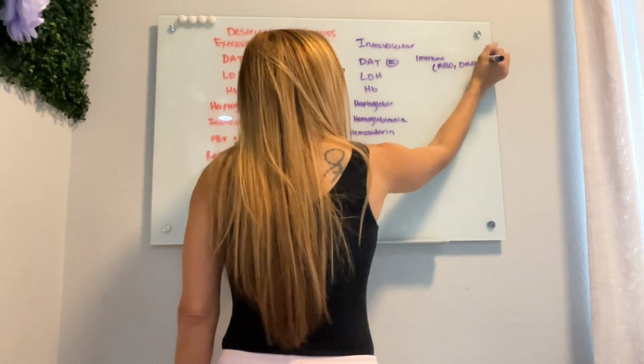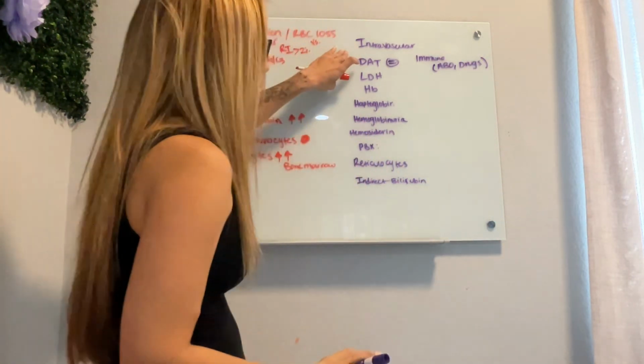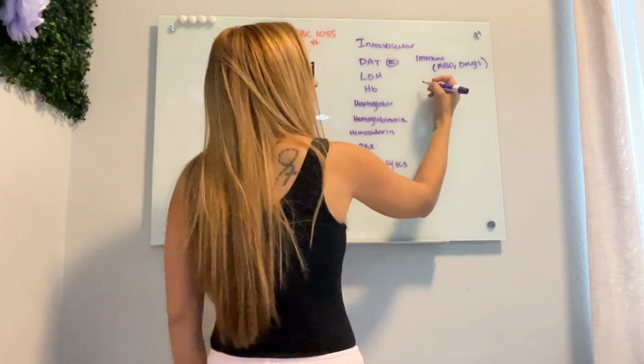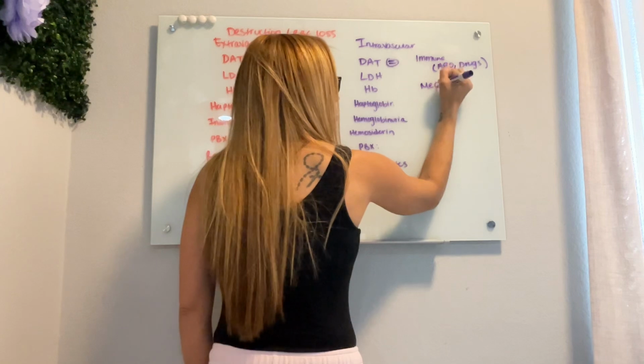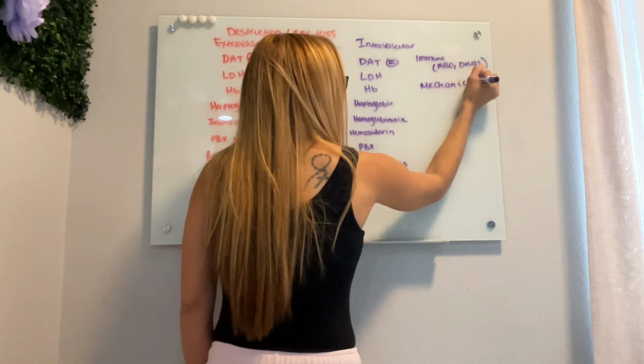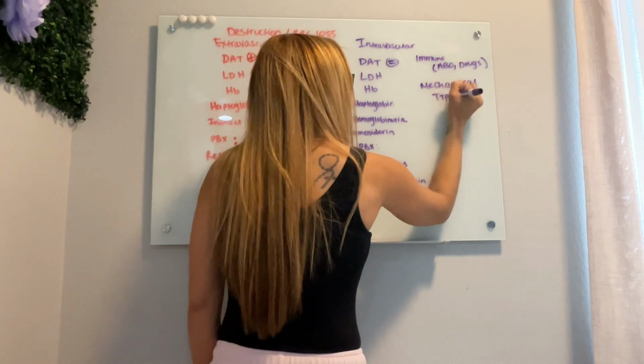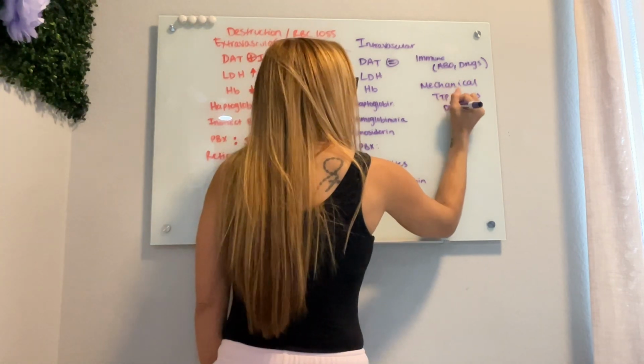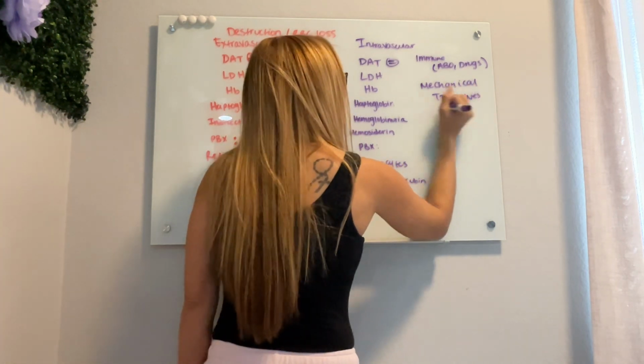That's a big drug that has been seen in intravascular hemolysis. And we can also think about mechanical issues as well, such as TTP, valves, and DIC, which are all MAHA, right?